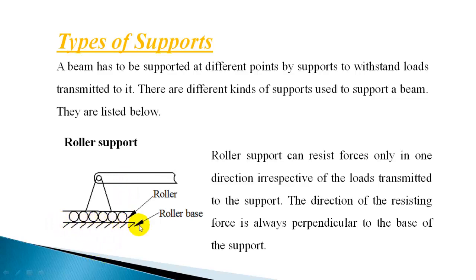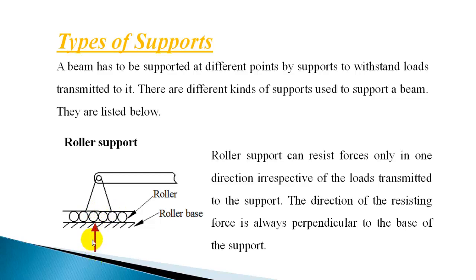When the base is horizontal, the reaction will be vertical. If the base is inclined, the reaction from that inclined base will be perpendicular to that inclined face. So this is the direction of reaction in this case, irrespective of the loads transmitted. It cannot pull downward, it can only push, because the rollers are not fixed here.